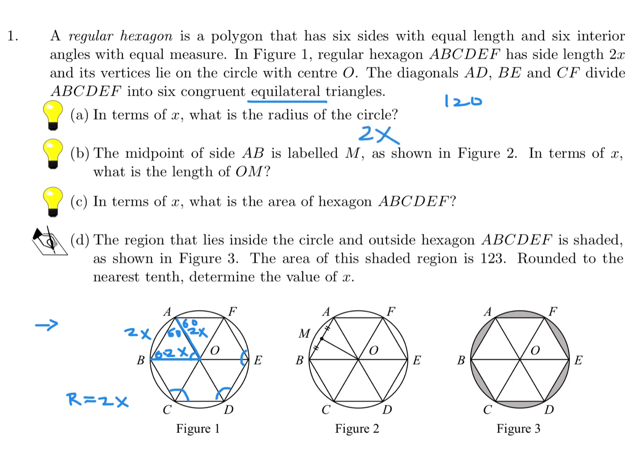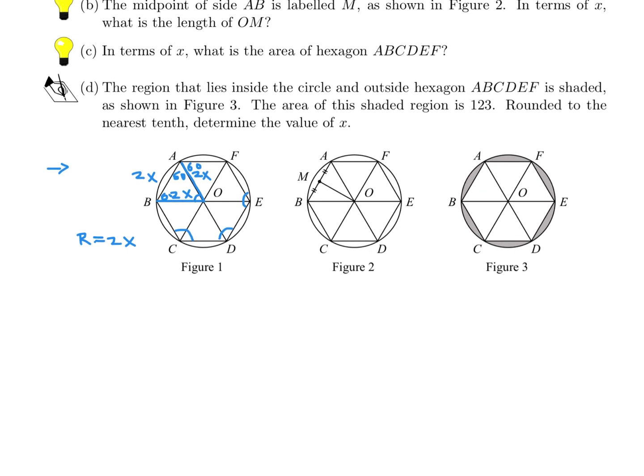The midpoint of side AB is labeled M, as shown in figure 2. In terms of x, what is the length of OM? Okay, so I'm going to draw it here just to kind of exaggerate it. So this is an equilateral triangle, correct? And then they've drawn this line.